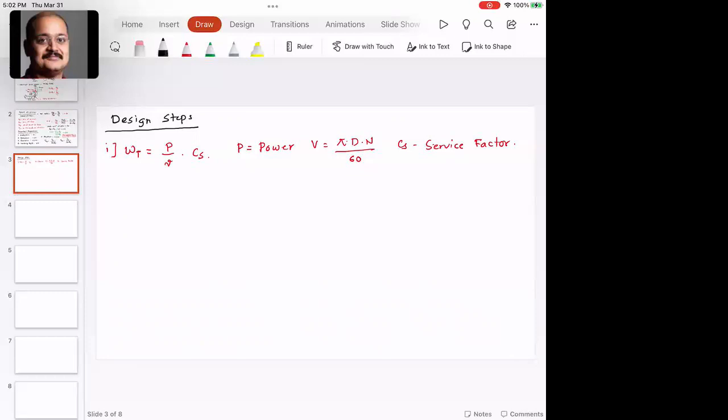Step 2, WT. Now we are going to use the beam strength equation, sigma naught multiplied by CV multiplied by B multiplied by pi multiplied by Y prime. What is Y prime? Y prime is the modified Lewis's form factor based on equivalent number of teeth.